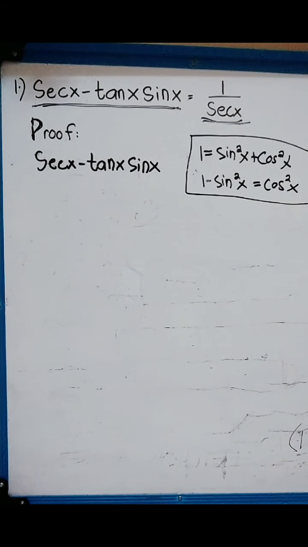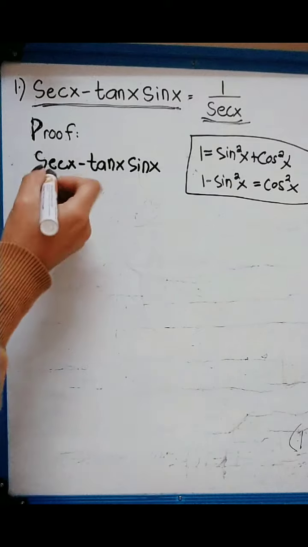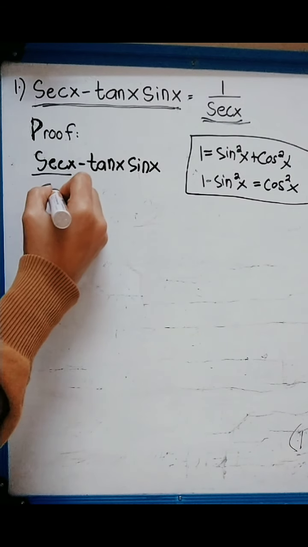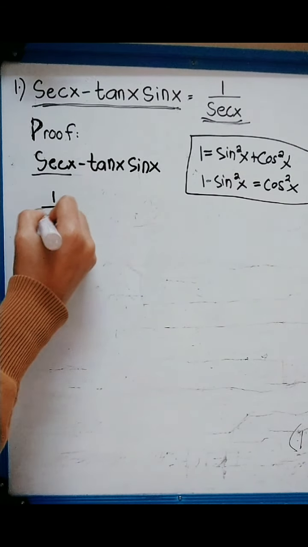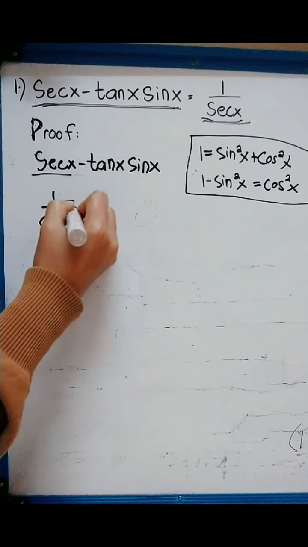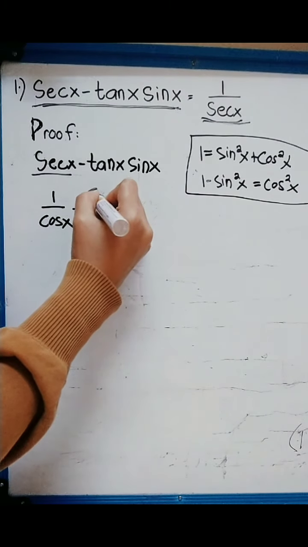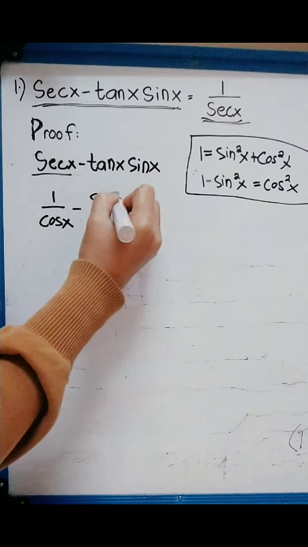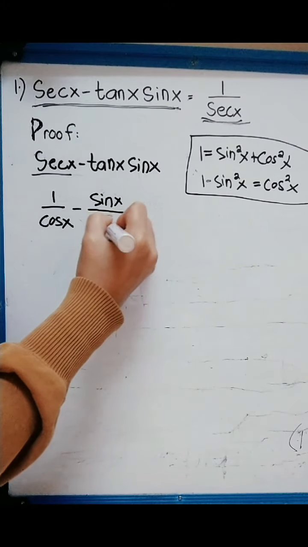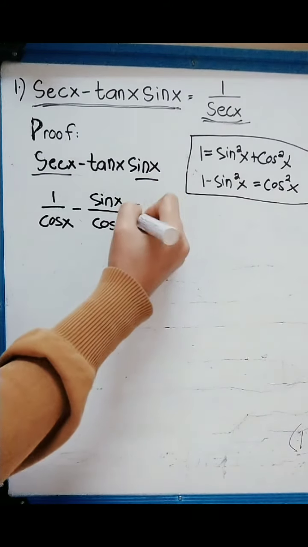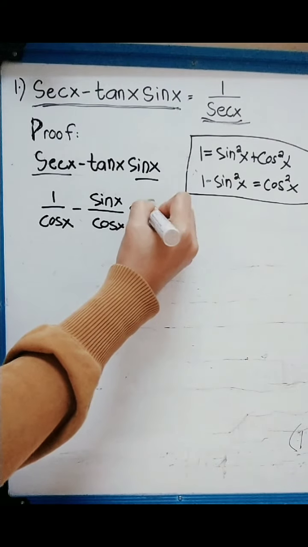What we have here, we'll just convert this secant x into a basic form. So this becomes 1 over cosine x, and tan x becomes sine x over cosine x, and just copy this sine x.